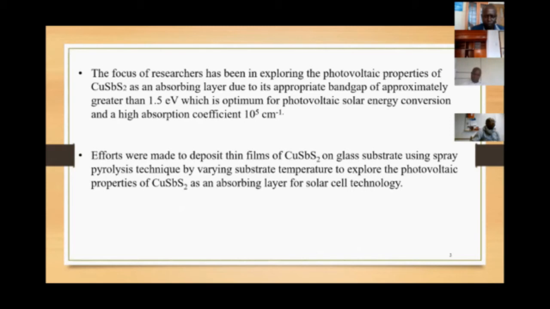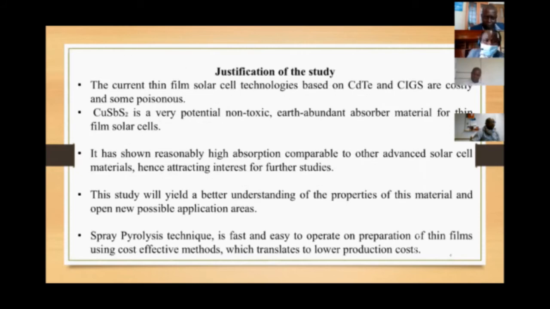Therefore, efforts have been made. I deposited copper antimony sulfide thin film on a glass substrate using the spray pyrolysis technique. Why am I studying this? Because the current thin film solar cell technology is based on cadmium telluride and copper indium selenide.